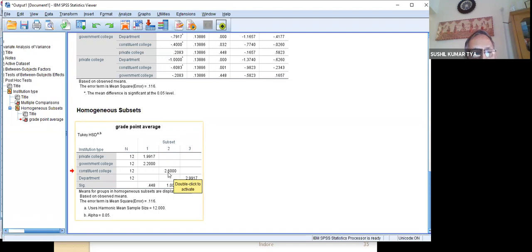And then constituent college and department, they differ significantly. So in 5 pairs, there is a significant difference. There is just one pair where there is no significant difference, and that is private and government college. So the same result which was arrived at through the post hoc pairwise comparison has been arrived at through this homogeneous subset.